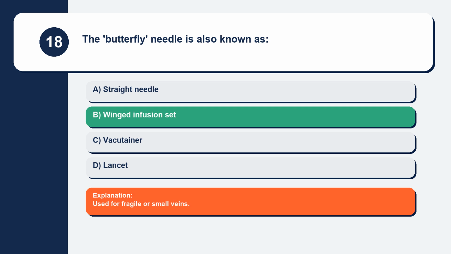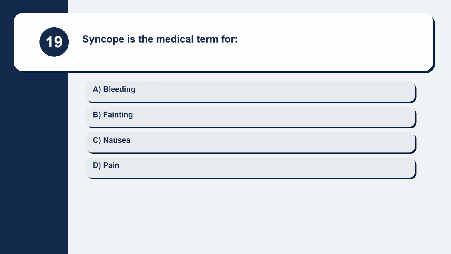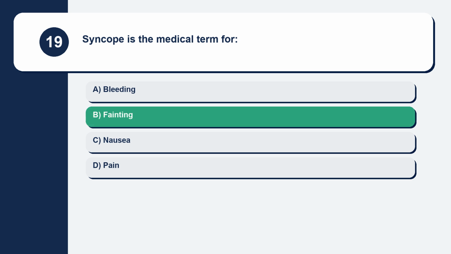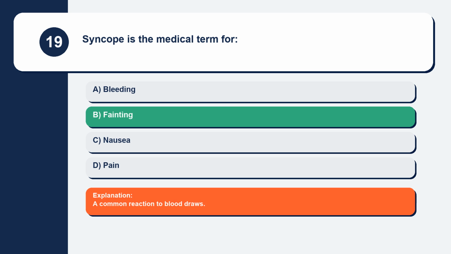Used for fragile or small veins. Question 19. Syncope is the medical term for bleeding, fainting, nausea, pain. A common reaction to blood draws.